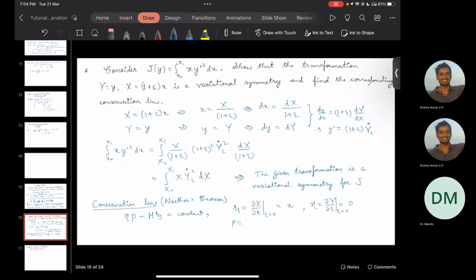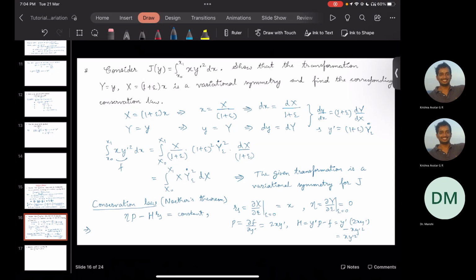And p is equal to partial f by partial y prime, and this is nothing but our f, so this gives us 2xy prime. And h is equal to y prime p minus f, so y prime into 2xy prime minus xy prime squared, and this gives us just xy prime squared.